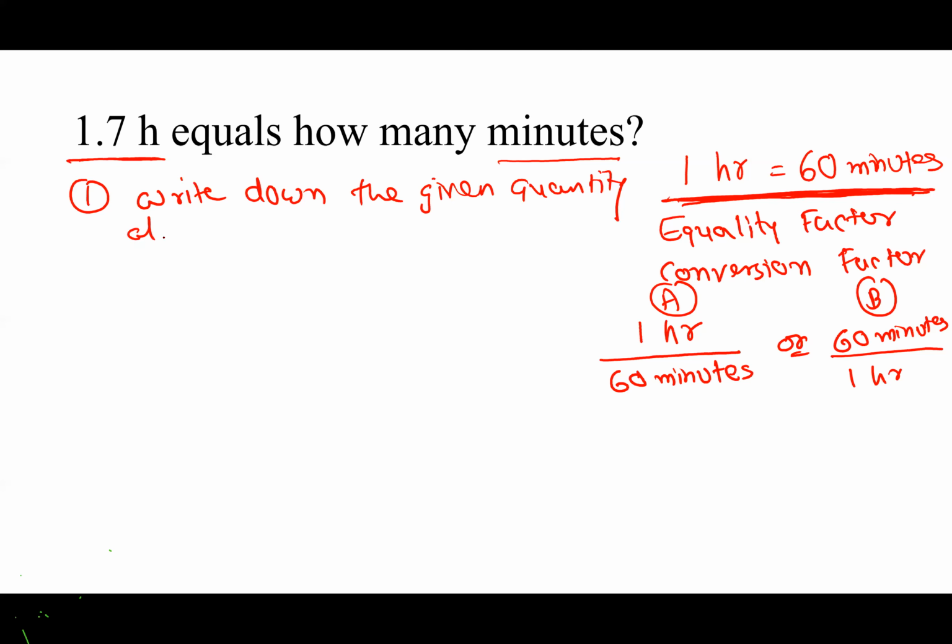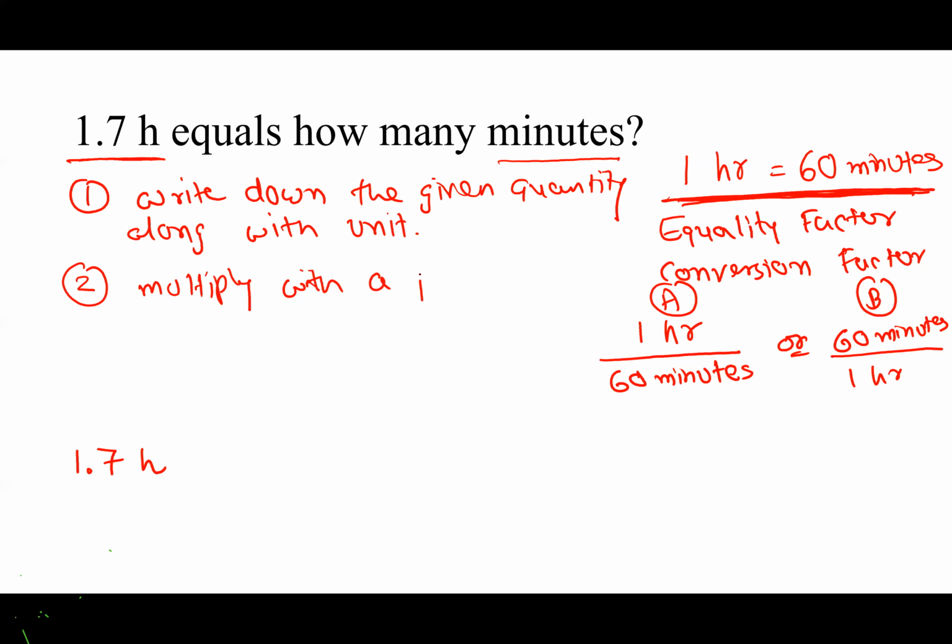So here I'm going to write down 1.7, and I'm going to say H means hour. Now the second step is to multiply with an appropriate form of a conversion factor.